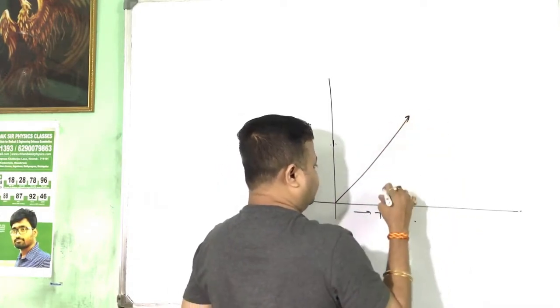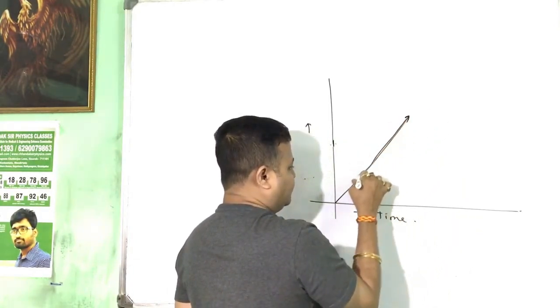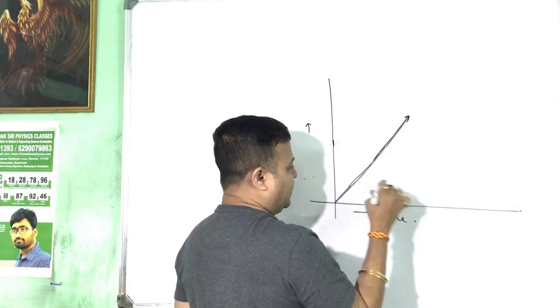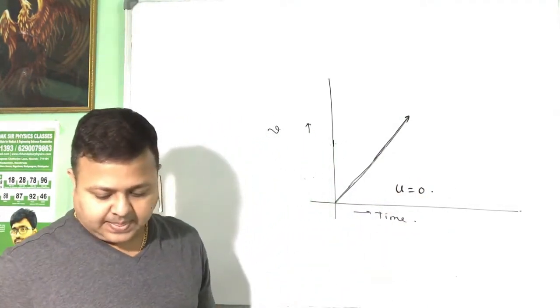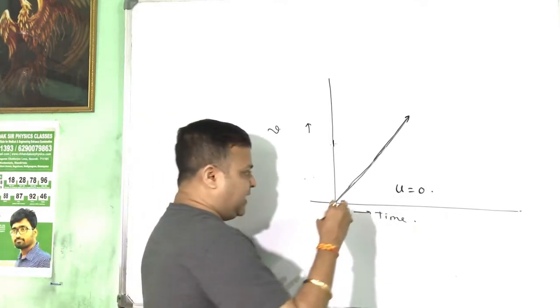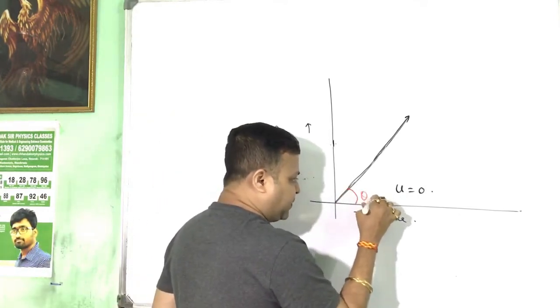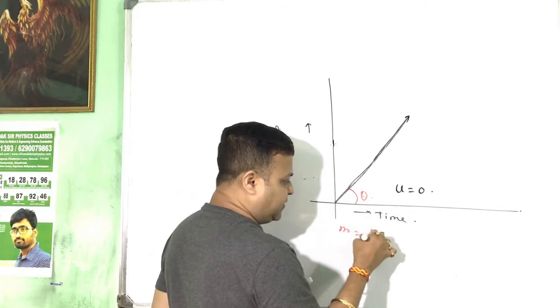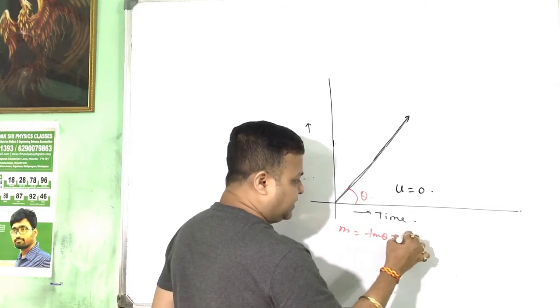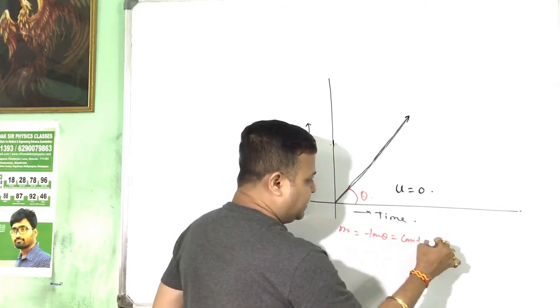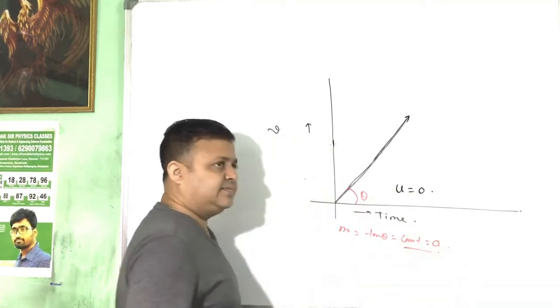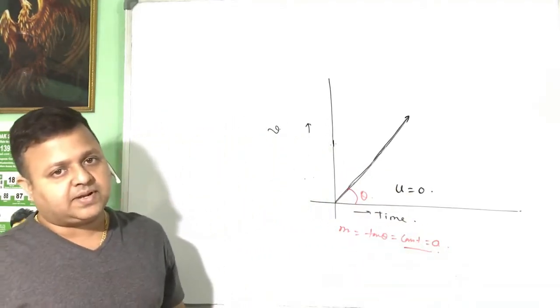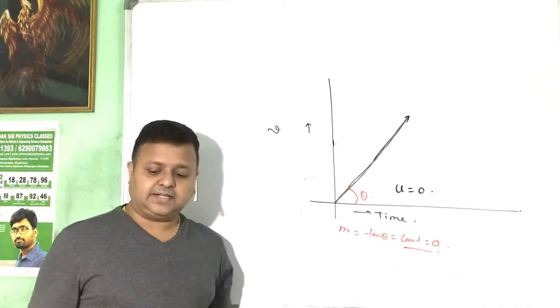Initial velocity is 0, so it starts from this point. Why is acceleration constant? Because it makes a constant angle with respect to the x-axis. So the slope n equals tan theta, which is equal to a constant. The slope of the velocity-time curve gives the acceleration. That is, the acceleration is constant.